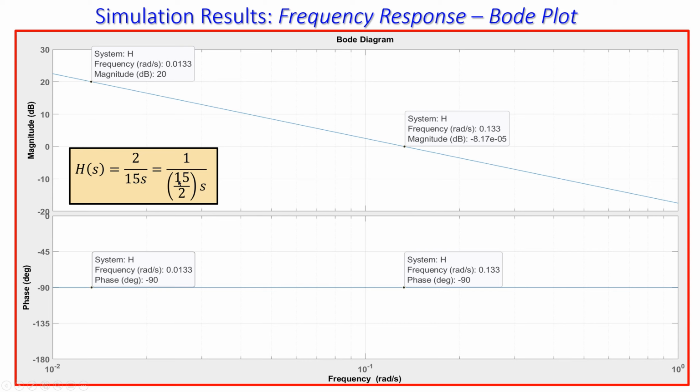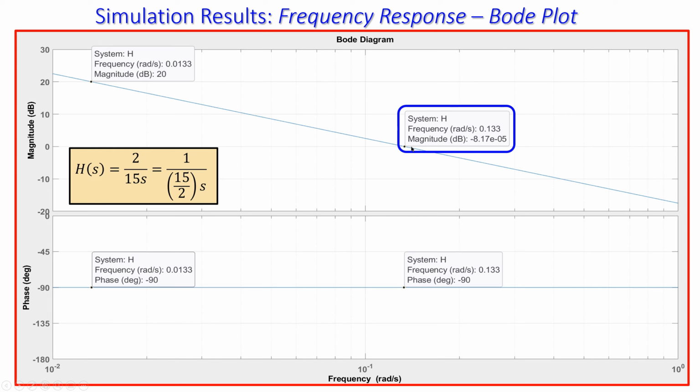And this value is also called the time constant of the integrator. So this is the pure integrator formula, 1 over tau s, and this tau is what we can use to determine or check our Bode diagram.